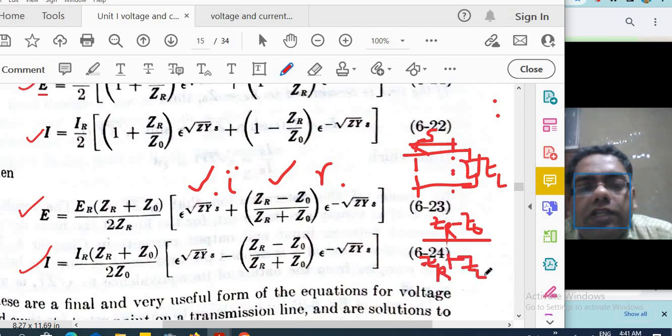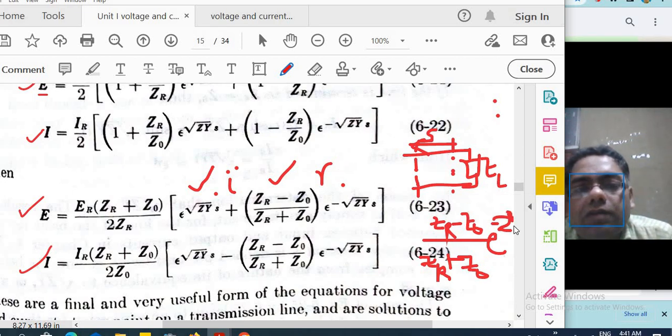but here an exponential term also comes: e to the power minus gamma s divided by e to the power plus gamma s, which gives e to the power minus 2 gamma s.